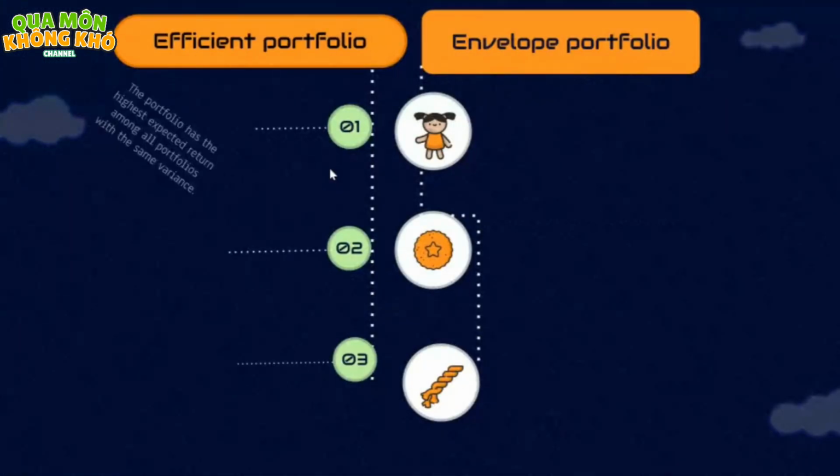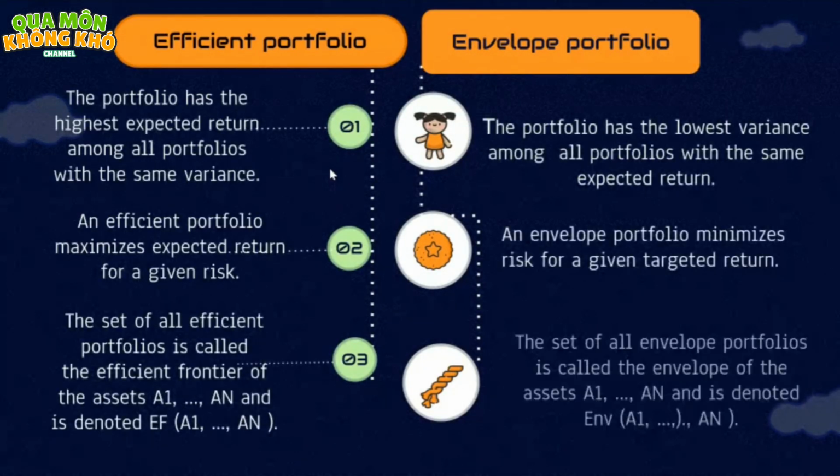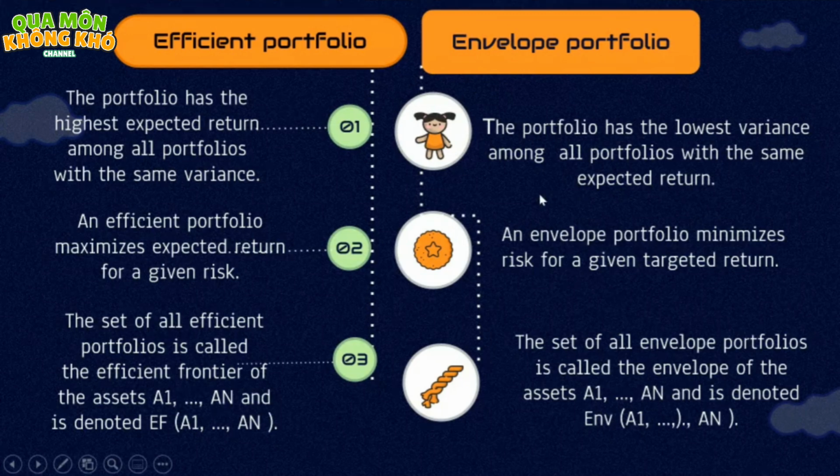And I will recall to you the efficient portfolio and envelope portfolio. The efficient portfolio is the portfolio that has the highest expected return among all portfolios with the same variance. An efficient portfolio maximizes expected return for a given risk, and the set of all efficient portfolios is called the efficient frontier of the assets A1 to AN.